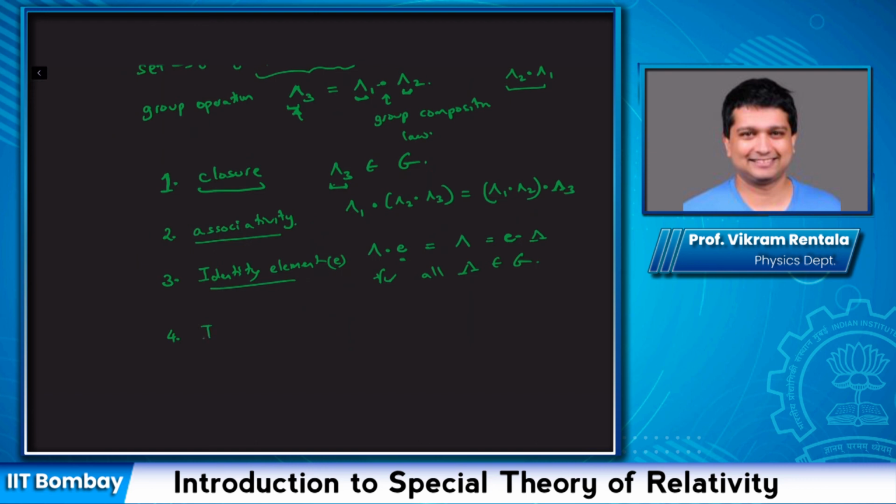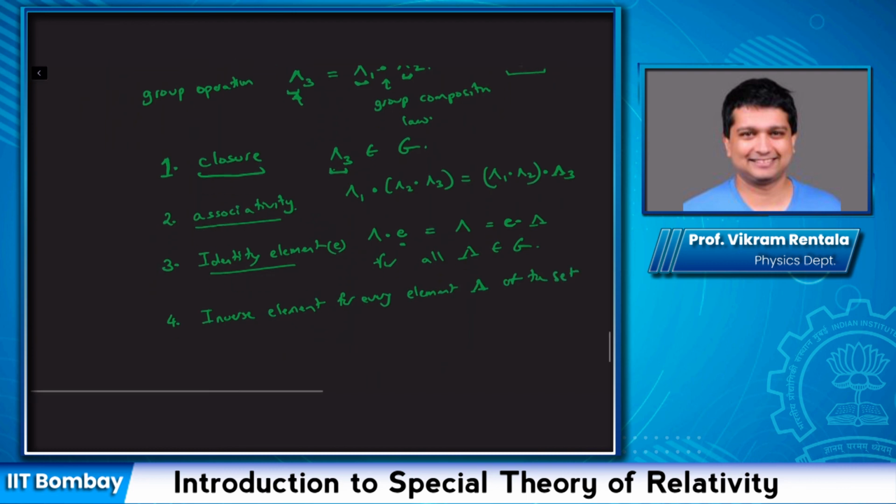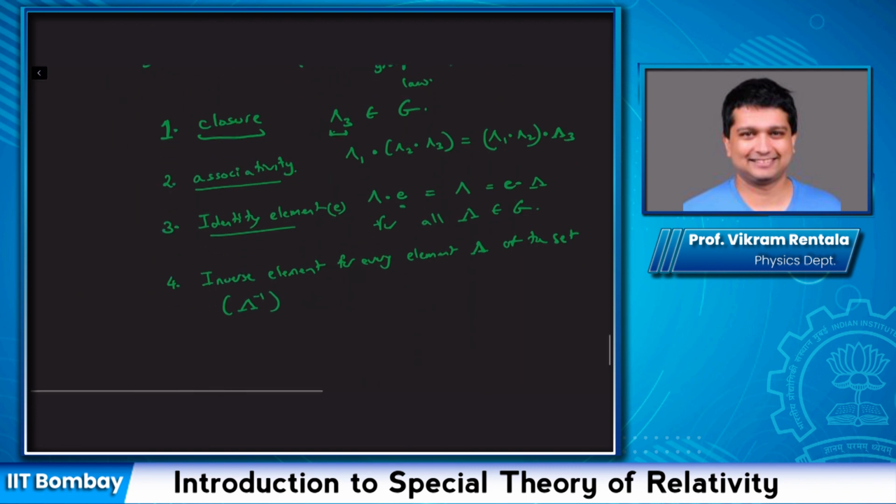And the fourth property is that there is an inverse element for every element lambda of the set, and this inverse element we'll denote as lambda inverse.